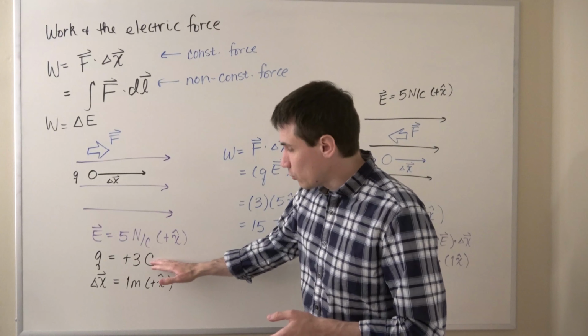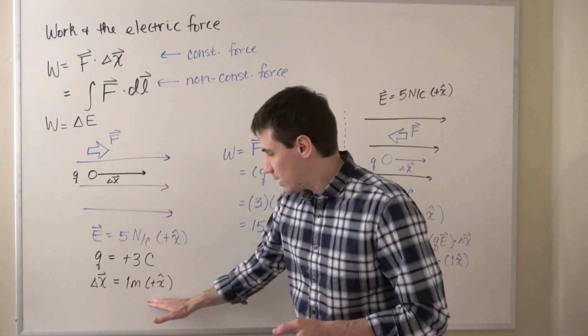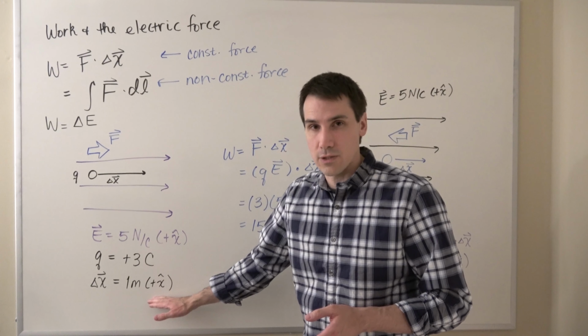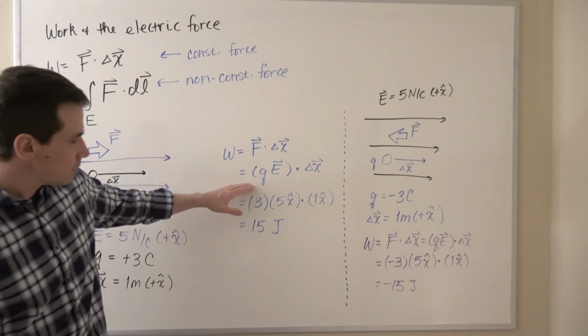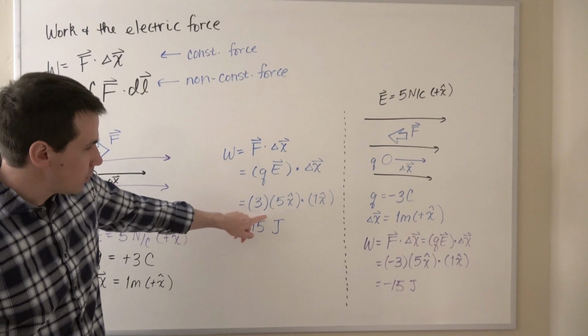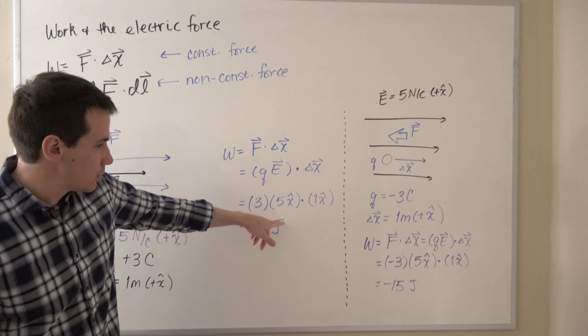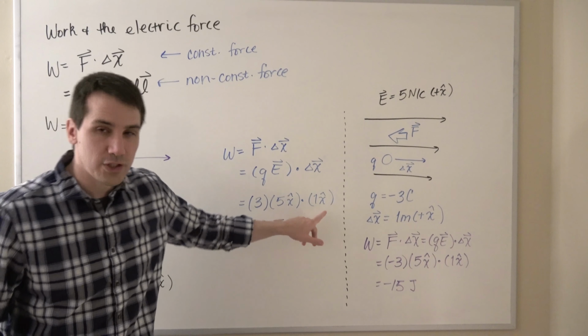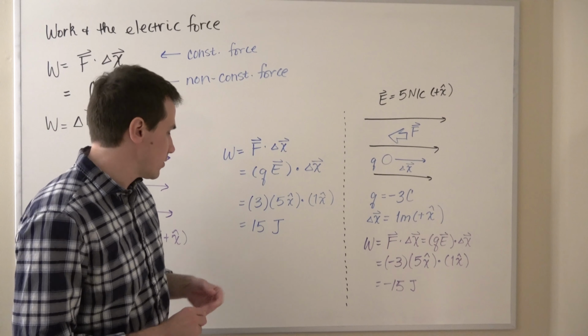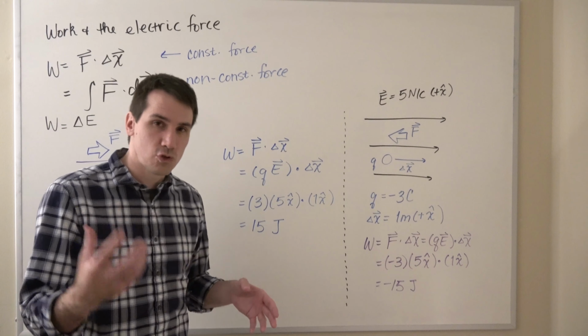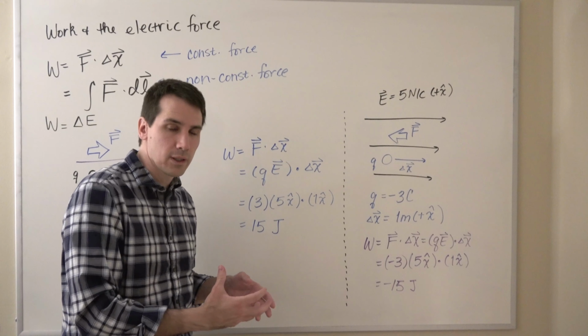This is just a value for the electric field that I made up for this example. I have a 3 coulomb charge and it moves 1 meter in the positive x hat direction. Taking this dot product, I have 3 coulombs times 5 newtons per coulomb in the x hat direction dotted with my 1 meter in the x hat direction gives me 15 joules of total work.